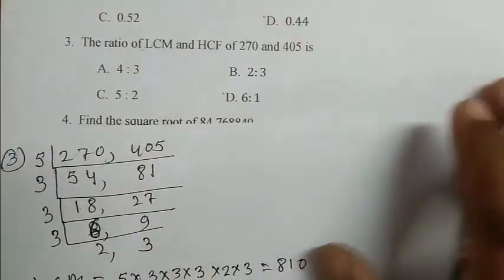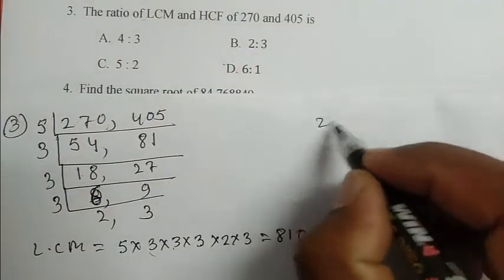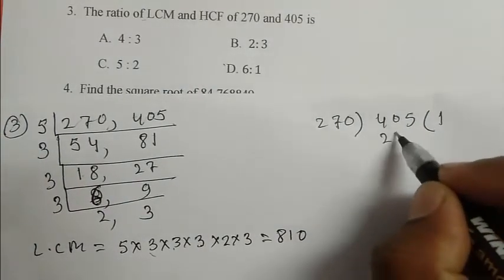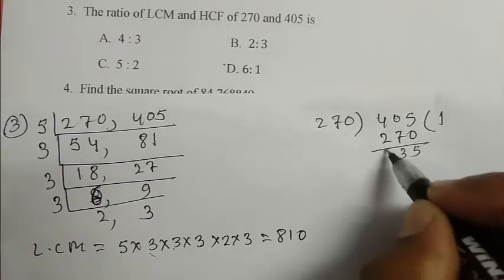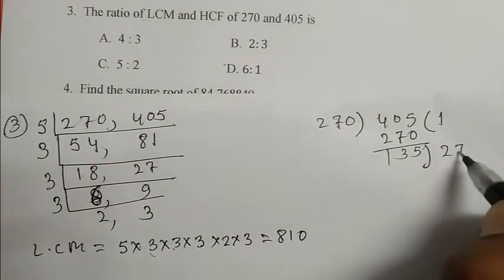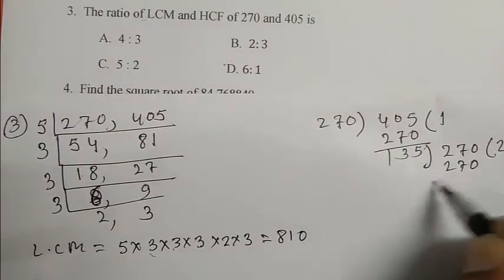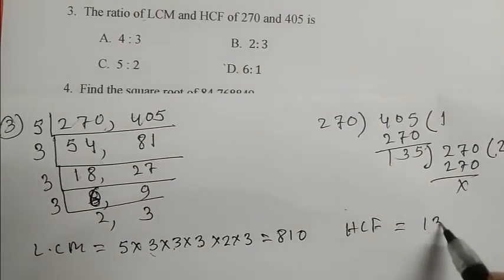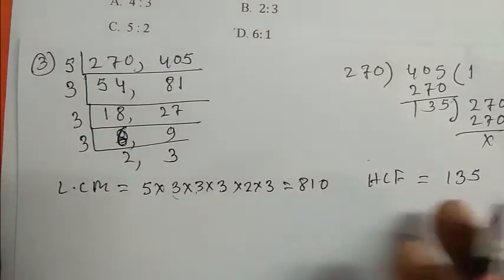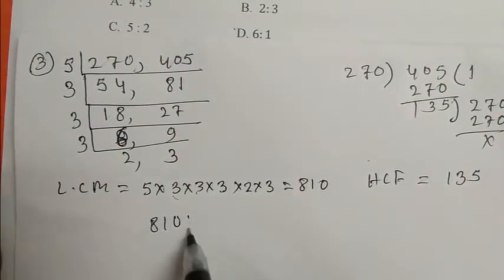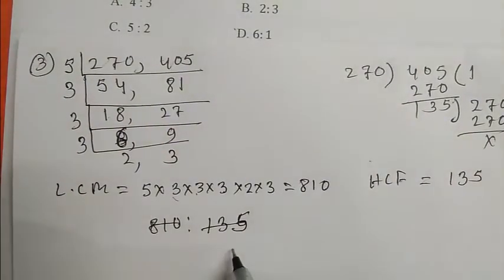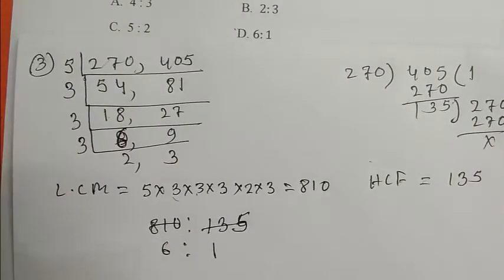And we calculate the HCF of these two numbers, 270 and 405, so HCF is 135. So the ratio of LCM and HCF is 810 to 135, that is 6:1. So D is the right answer.